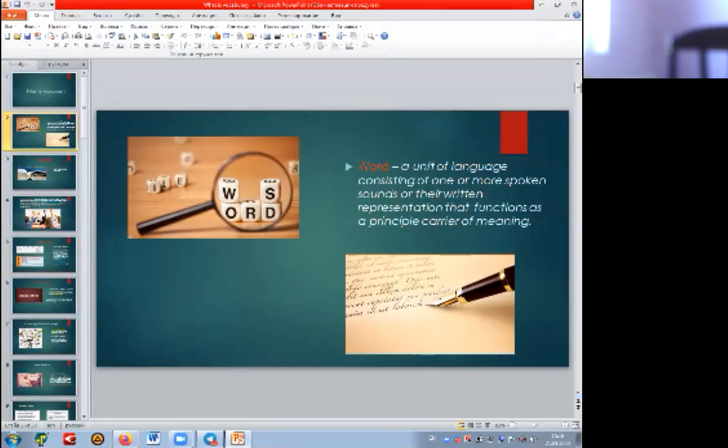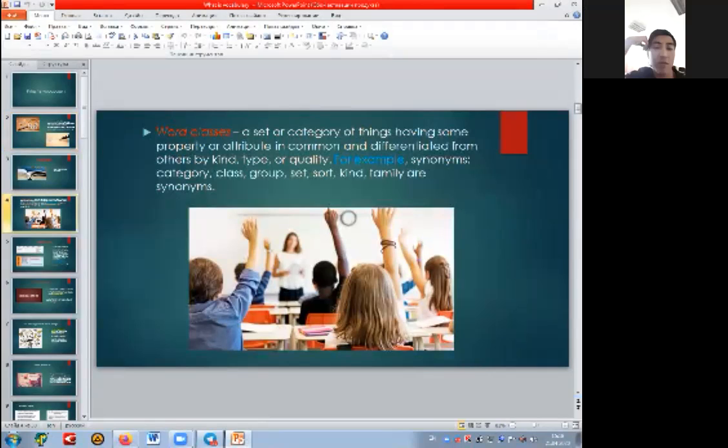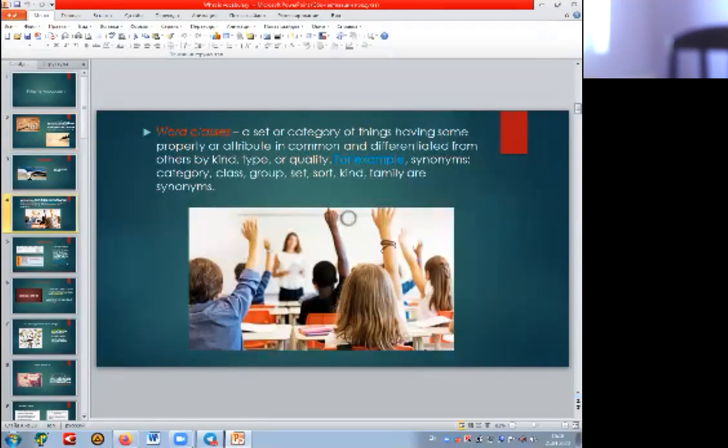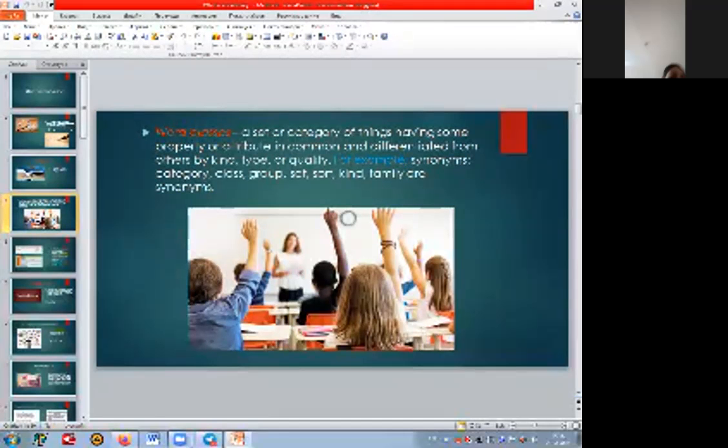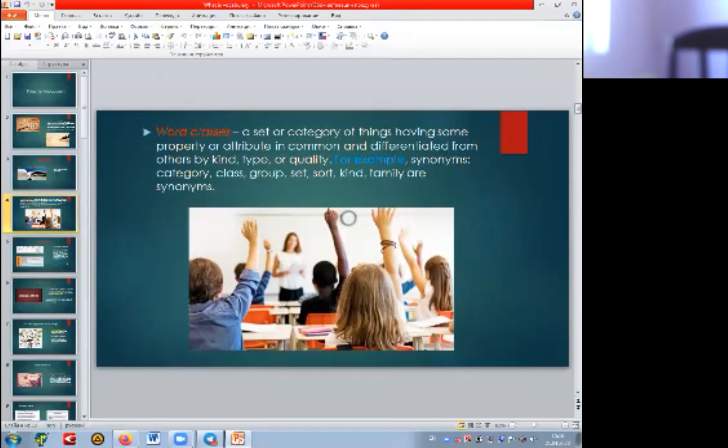And now we will speak about what are word classes. It's a set or category of things having the same attribute or quality. For example, word classes may be antonyms or homophones or homographs and others.